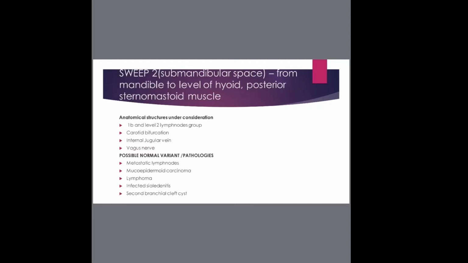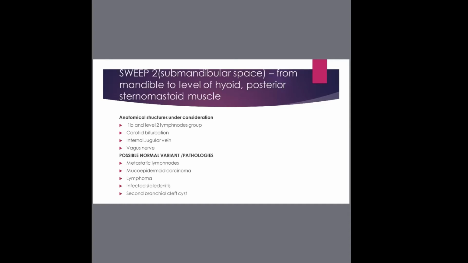I would rather bring those patients back in 2 months, because in 2 months there will be a lot of changes. Either it will regress or it will increase, and if it increases, then we're definitely going to do a biopsy on that lymph node.